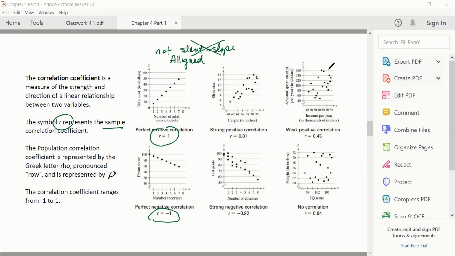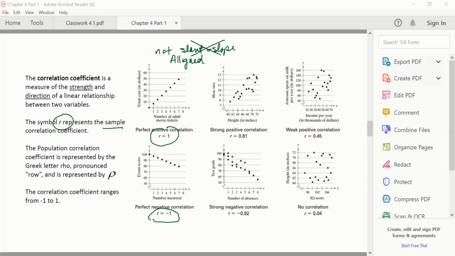A weaker correlation would be 0.45. You can still see it going up the hill, but it's not very strong like the one in the middle. And here we have a weak downhill, which is also a big mess. This is probably closer to no correlation because it's hard to see where the line would be here.